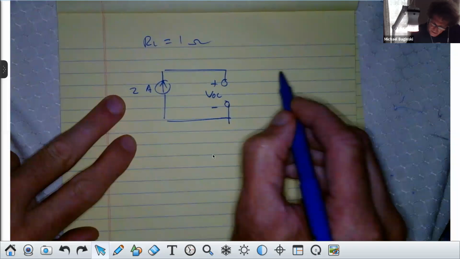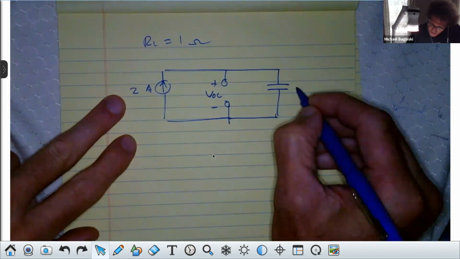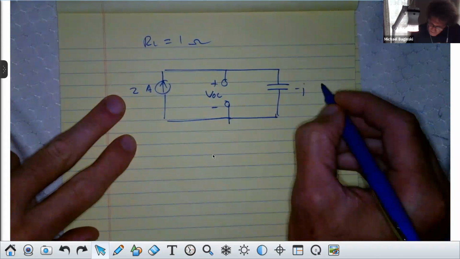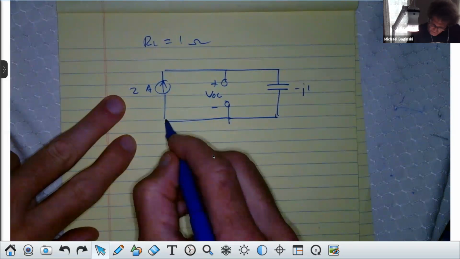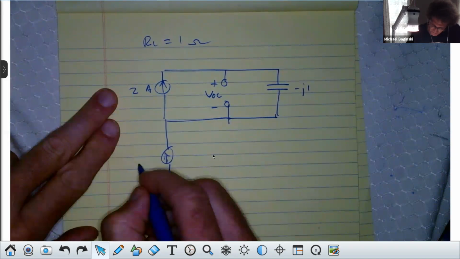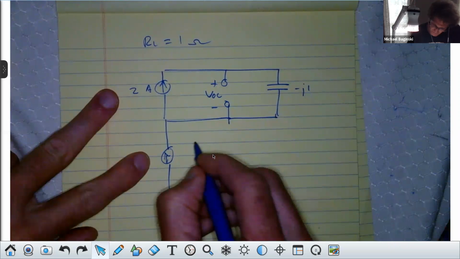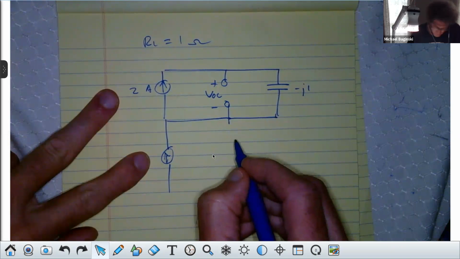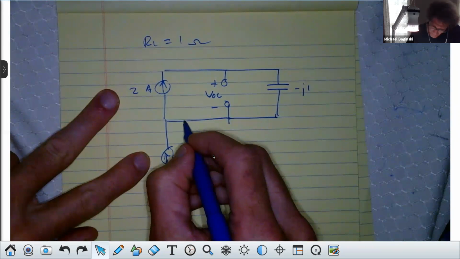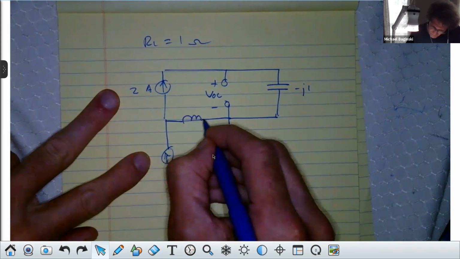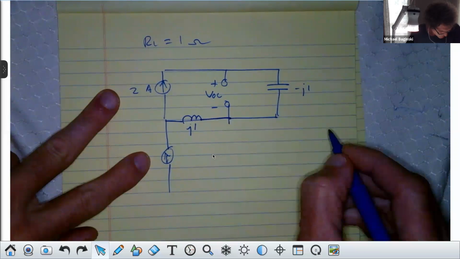And then it has minus J1 here, right? And then it has 4 amps at 0 degrees, and it has J1. Oops, sorry. This is J1 here. Ohms here, and then it has a source of plus to minus 6 volts.